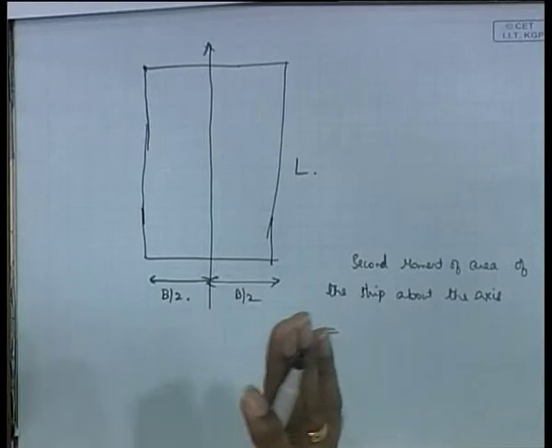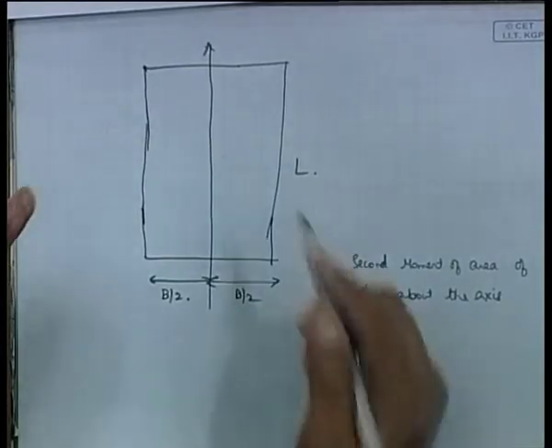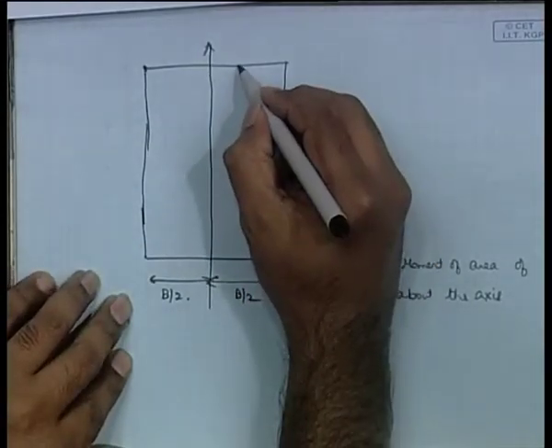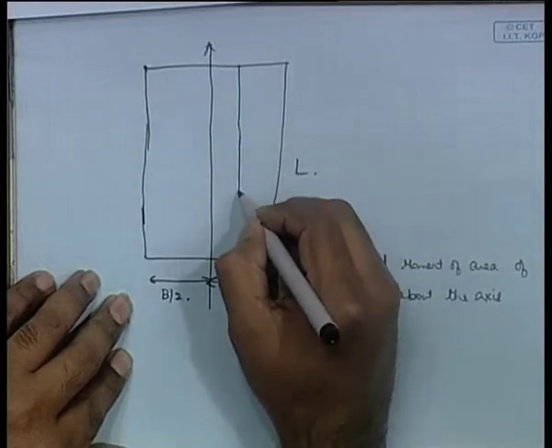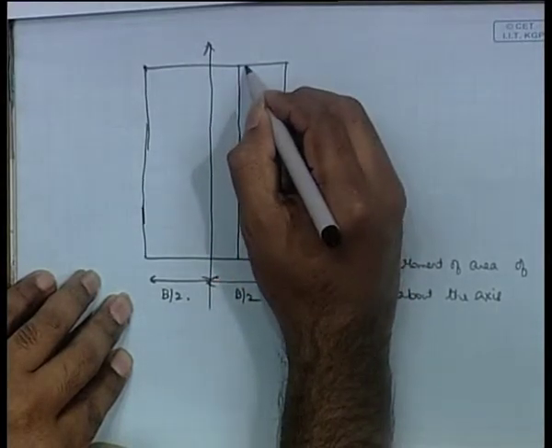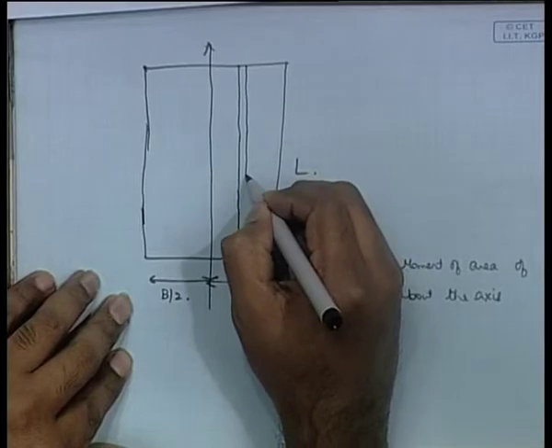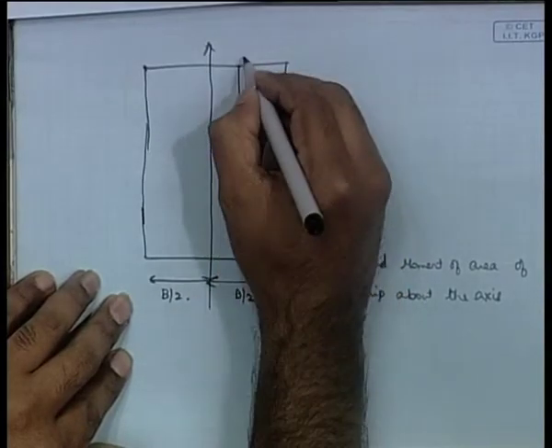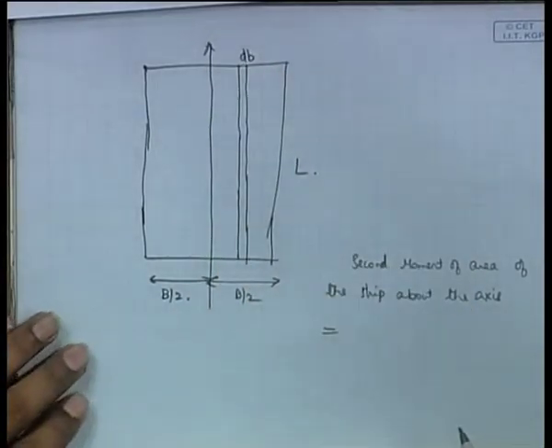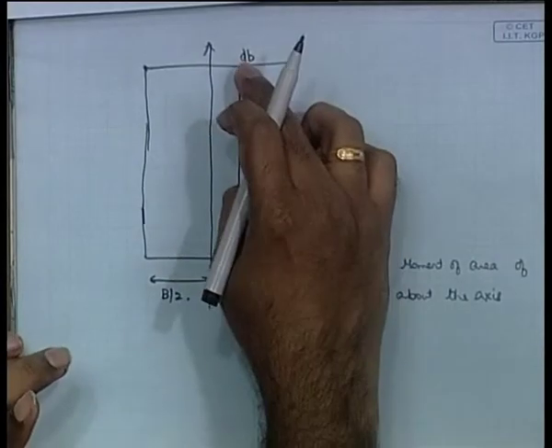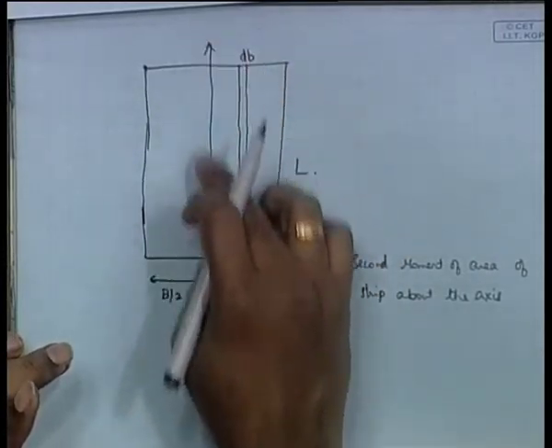Our idea is to find the moment of inertia of this whole strip about this axis. Let us take a small region of length db. First we find the moment of inertia of this small region about this axis.